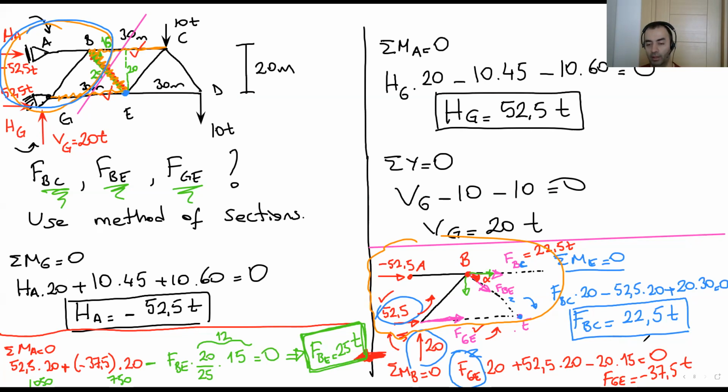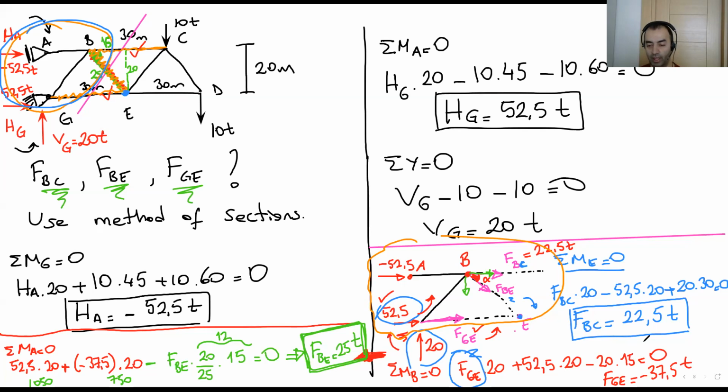When I do it, FBC goes 0 directly. Its moment is 0. There is only one unknown, FBE, and I can write the moment of other loads. That's it. I did it. There is only one unknown in the equation. So I get the FBE 25 tons.